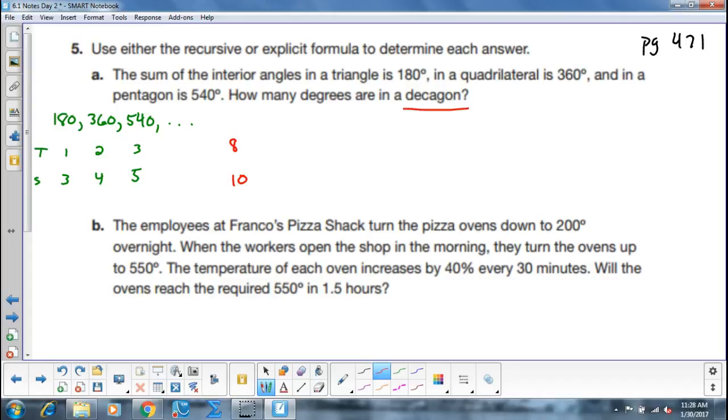Either way, okay? So that would give me, in the one that I have up here, a sub n would be 180 plus 180 times n minus 1, and I want to find a sub 8.